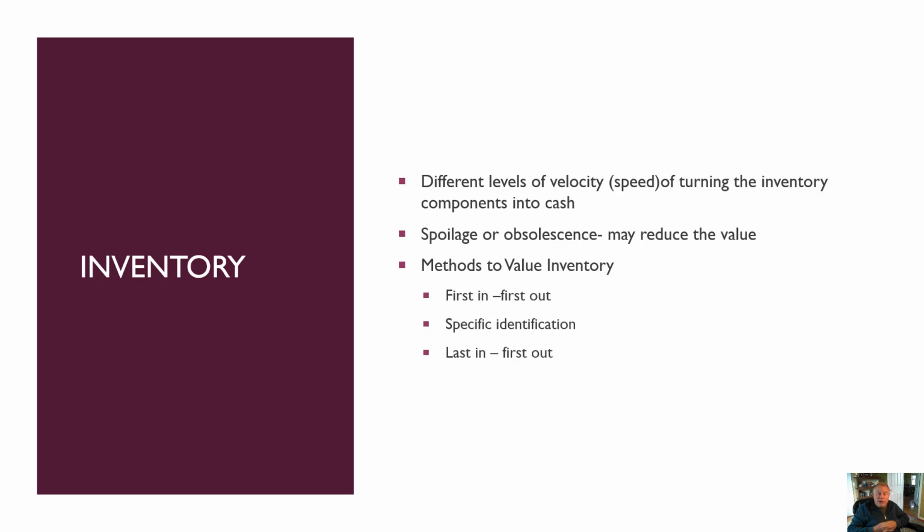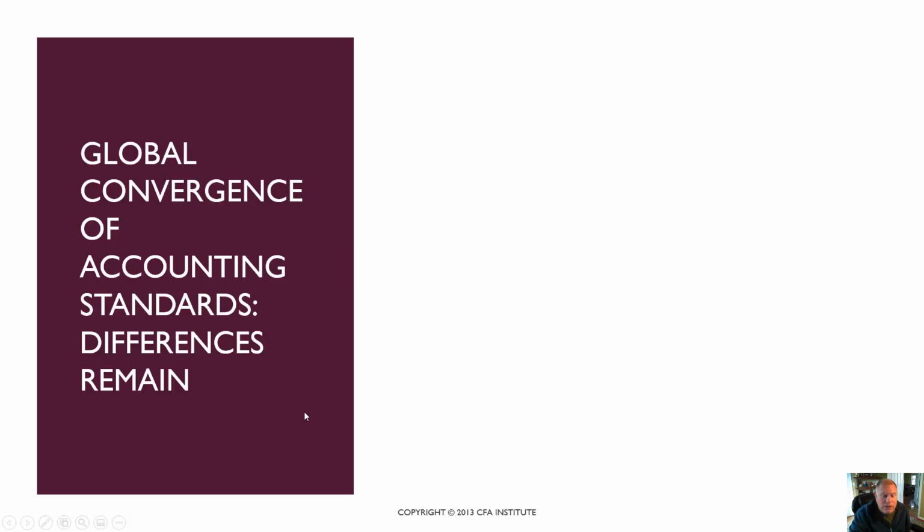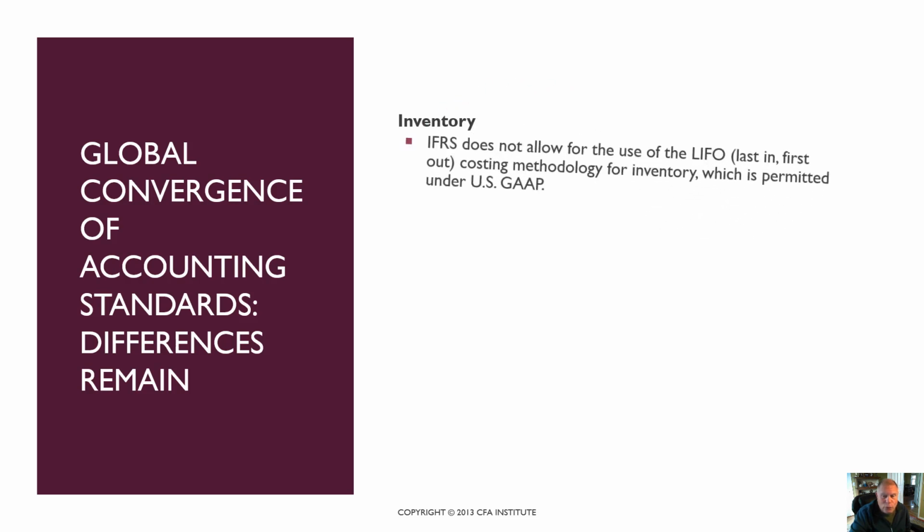Depending which method is used, could result in different valuations. So what we're dealing with, remember, multinational companies, and with IFRS, has been this global convergence of standards. They've been coming together. But there are differences that remain. And the biggest one, one of the big ones, is with inventory.